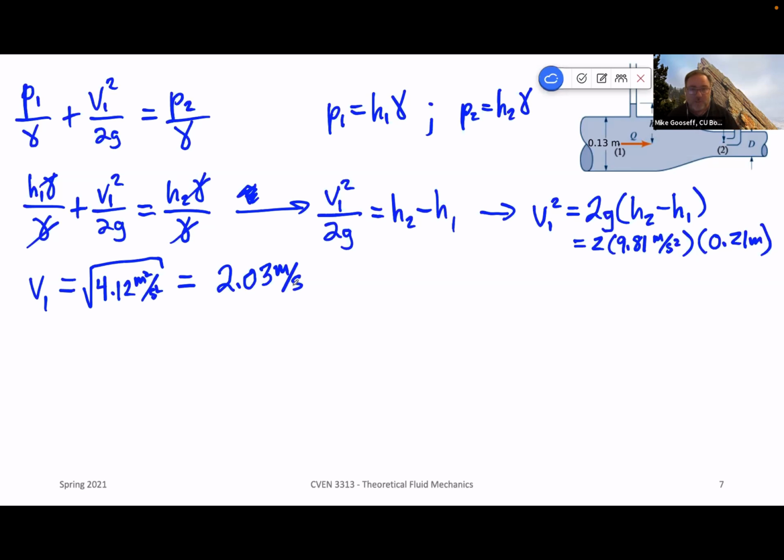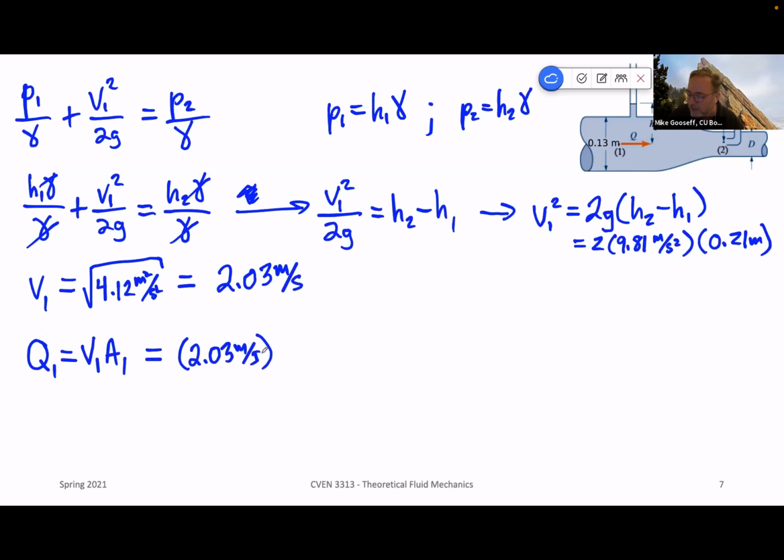That's useful to us because now we can calculate Q1 as being equal to V1 times A1. And we hadn't calculated A1, but we were given a diameter of 0.13 meters, right? So we can calculate A1, and we now have V1 from using the Bernoulli equation above. Okay, so this is now 2.03 meters per second.